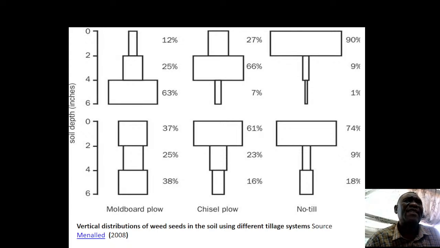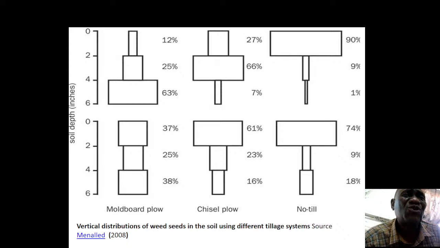Here we have got examples of weed distribution in the soil profile under different tillage systems. Now, in moldboard plow, in conventional tillage, you sometimes get almost uniform distribution, or you get fewer weed seeds on the top, but you have plenty of them at the bottom.